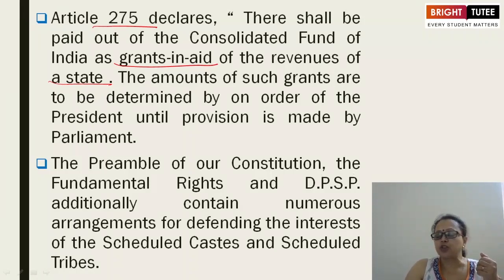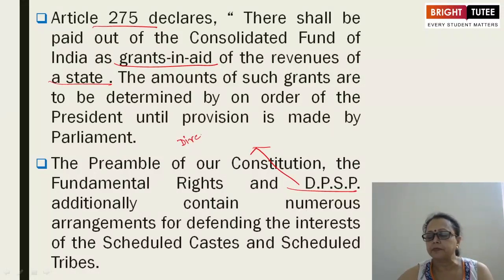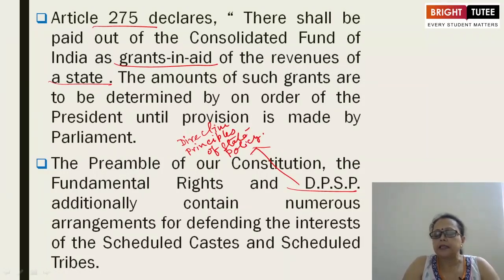The Preamble of our Constitution, the Fundamental Rights, and the DPSP, that is, the Directive Principles of State Policy, additionally contain numerous arrangements for defending the interest of the scheduled castes and scheduled tribes.